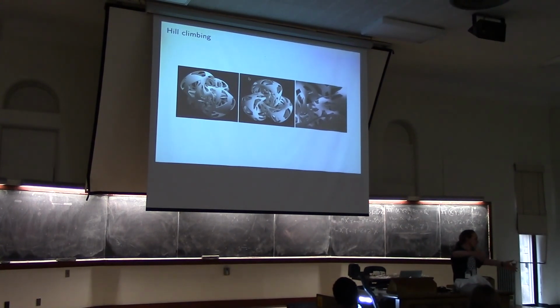Most treatments of hill climbing say you should take a step in the direction of the gradient, and the step should be about the size of the gradient. Well, that killed us over and over again. We discovered that our space is so complicated that if we took a step in the direction of the gradient, we just wound up on a different mountain. Sometimes it was a different mountain which was much, much better for conformality, and it was crashing incredibly.